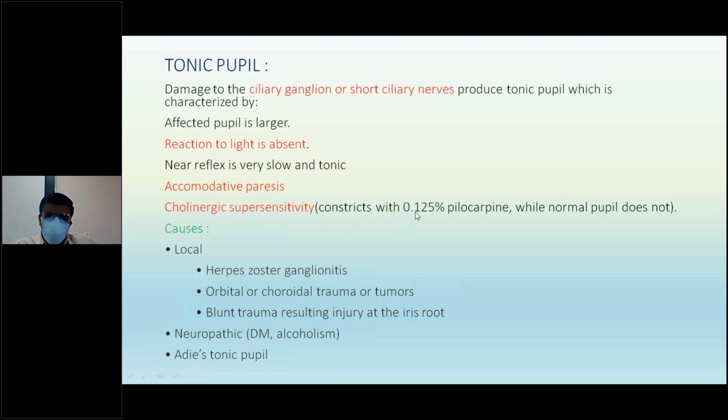There is increased sensitivity to low concentration of pilocarpine, whereas a normal pupil does not respond to it. 0.125% is a low concentration of pilocarpine. If there is increased constriction of the pupil to 0.125% pilocarpine, that is called supersensitivity. There is no constriction in normal people. The causes include herpes zoster, orbital and choroidal tumors, blunt trauma, diabetes mellitus, and alcoholism. They are all causes of tonic pupil.